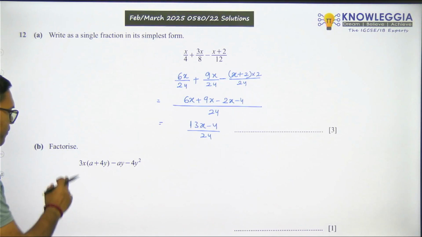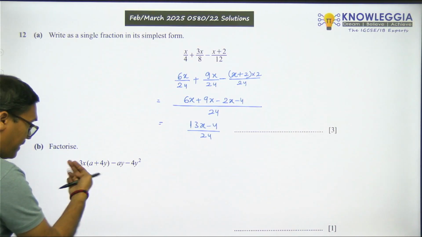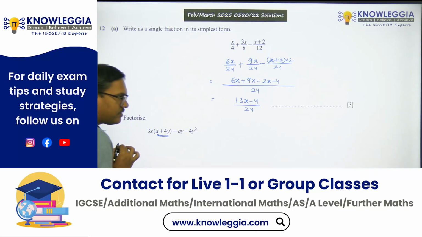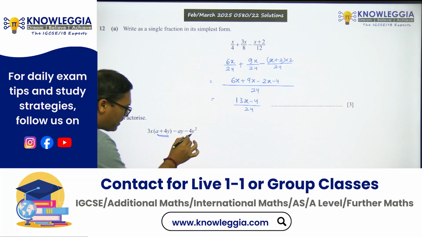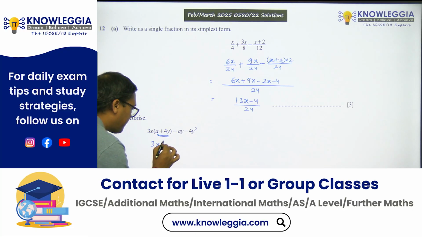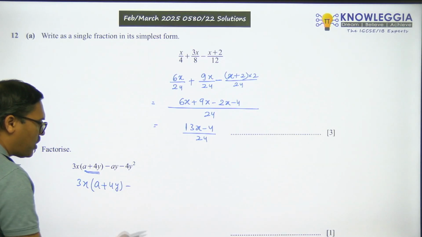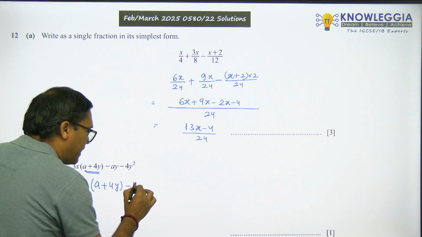Okay. Factorize this. So you have to simplify, you have to factorize this. So here you can clearly see that this is a plus 4y. Now how can you make here a plus 4y? You can clearly see this is 3x, a plus 4y. If I take what is common from this, I can take common negative y.